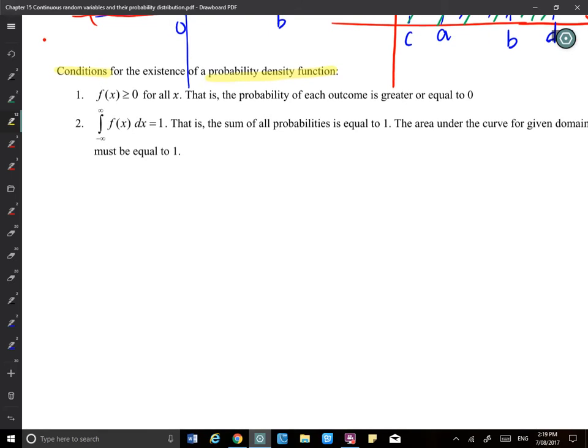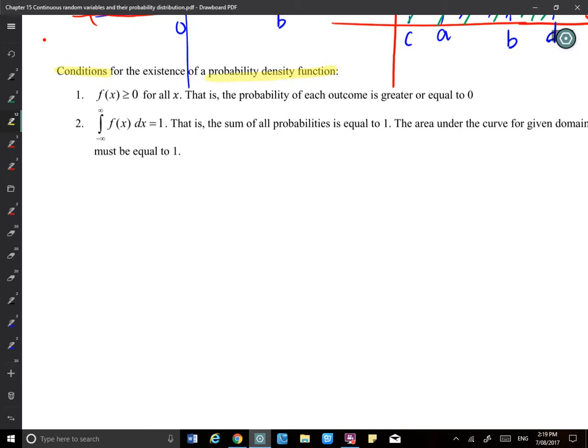There are two conditions. One thing is you need to make sure all f(x) is greater than or equal to 0. So nothing on your graph can be below the x-axis. Why? If you have a part of the graph below the x-axis, you will get a negative area, which means a negative probability, which is not true.